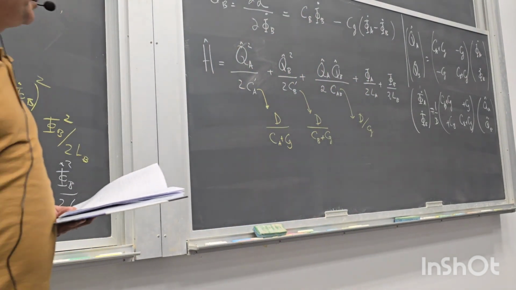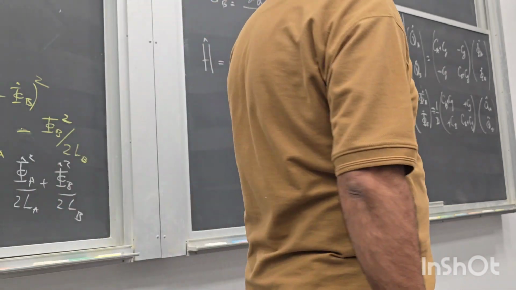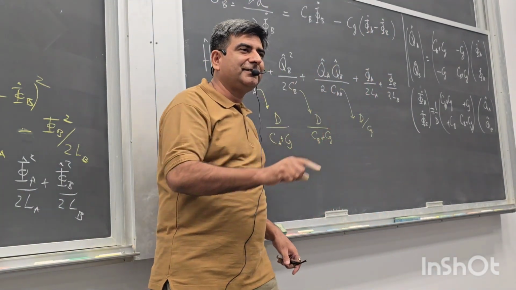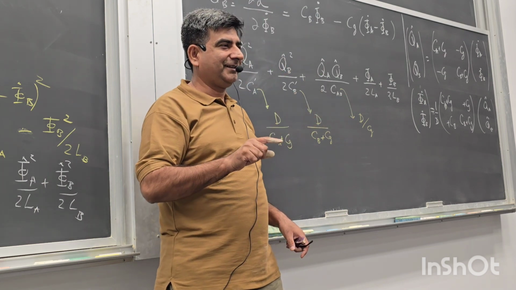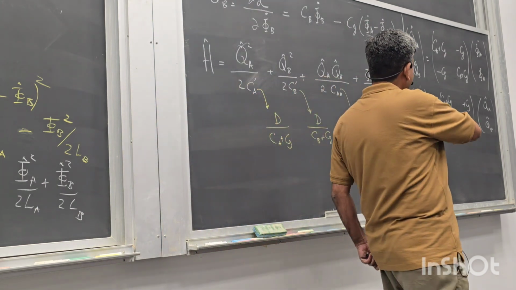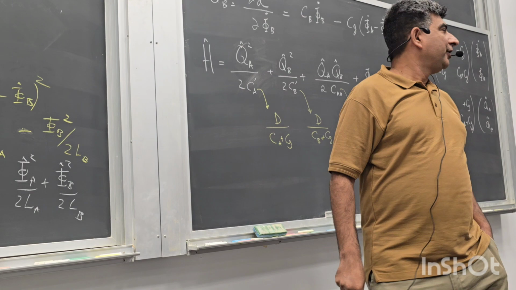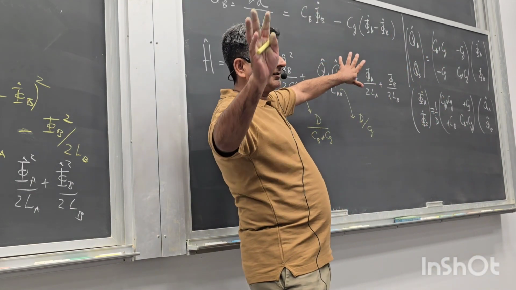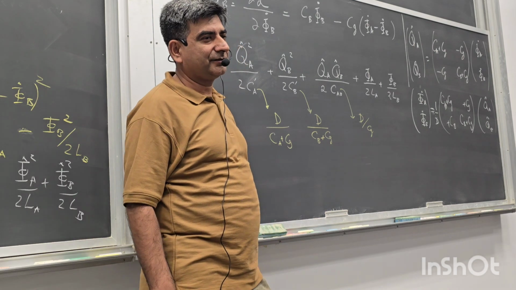So this is merely a basis transformation. We wrote down the Hamiltonian in terms of the fluxes and the time derivatives of the fluxes, and then we transformed to the charge degrees of freedom. If this term were absent, then everything would be nice and easy. You had 2 independent oscillators.